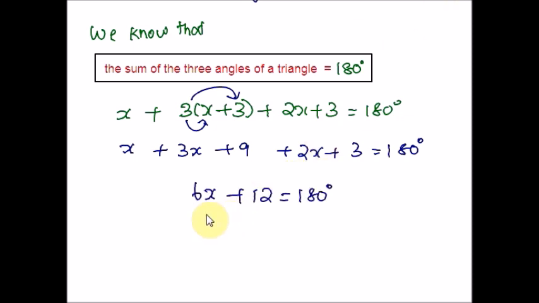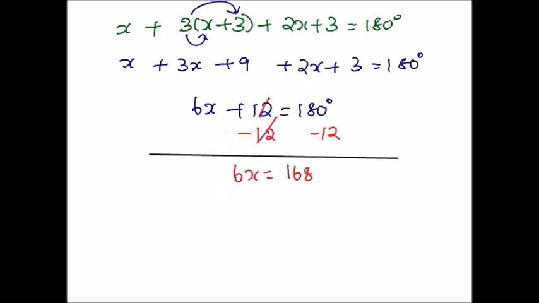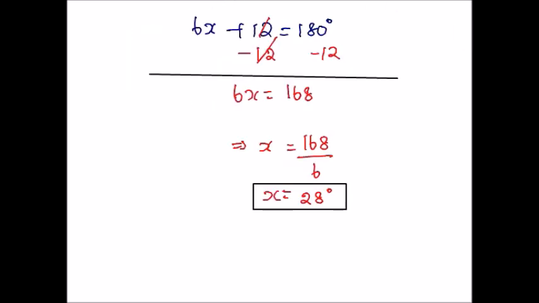Our goal is to find the value of x, so we should isolate x on the left hand side of the equation. I'm going to shift this positive 12 to the other side by subtracting 12. Divide both the sides by 6. Therefore, the unknown first angle x would be equal to 28 degrees. Now let us use this x and find the second angle and the third angle.